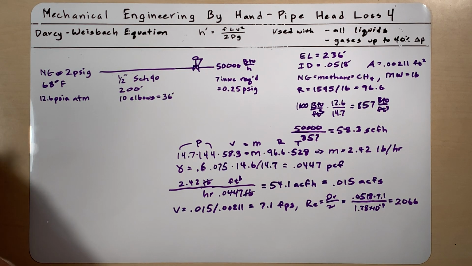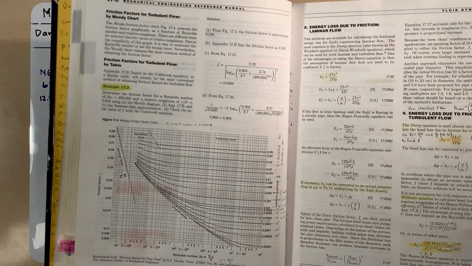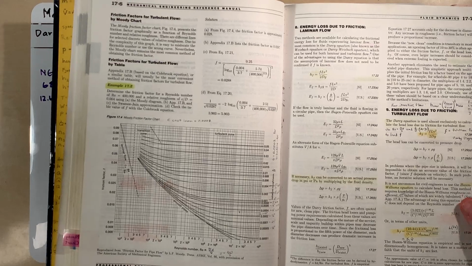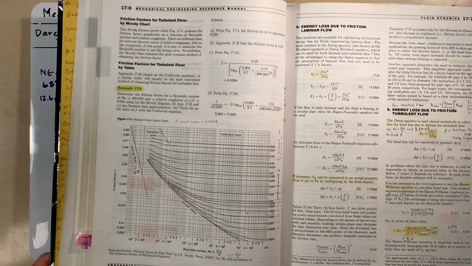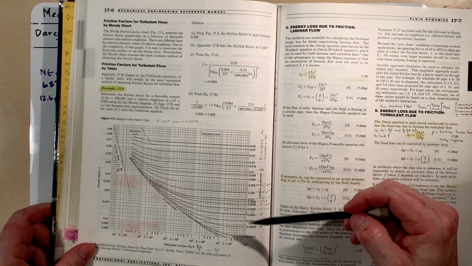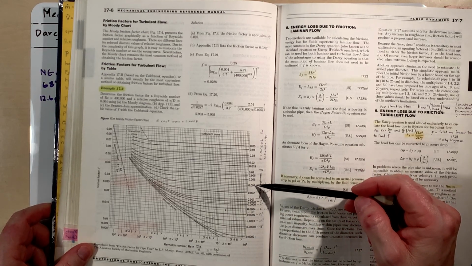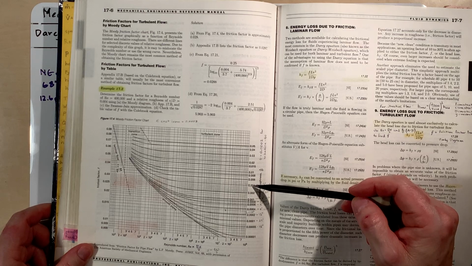Okay, so now we'll go to a Moody chart, and I usually use this book, and we have our 1/2-inch pipe is way up here. Steel pipe would be the diameter divided by 0.0002, which ends up being here, 0.004.